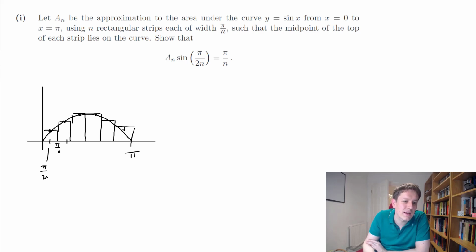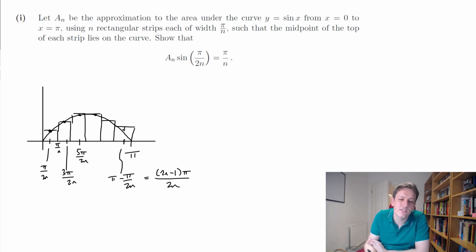The next point is going to be that plus π/n, so it's 3π/2n, then 5π/2n, and I'm going to keep going until I get to the last one, which is obviously π − π/2n, which is (2n − 1)π/2n. You can think about that carefully if that's confusing.